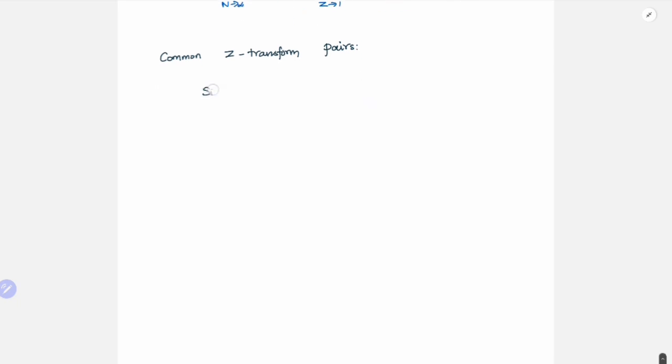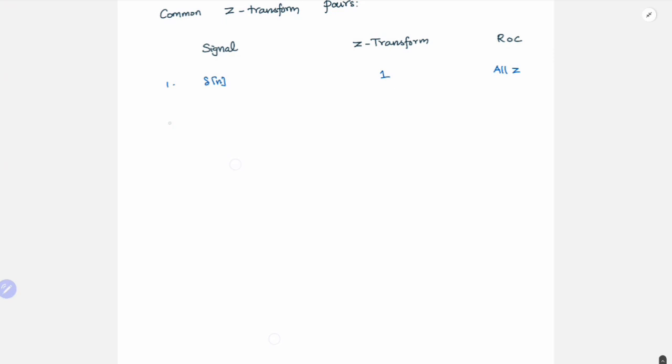So let us say we have a signal here, and then its z transform and its ROC. Our first signal will be delta of n. This one is straightforward. Our z transform is 1, and our ROC is all the z plane, all points in the z plane. The second one will be a unit step sequence.